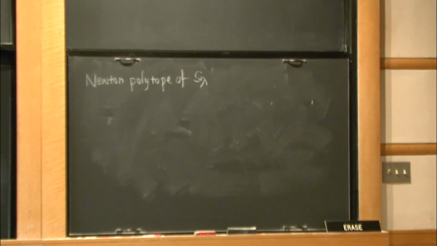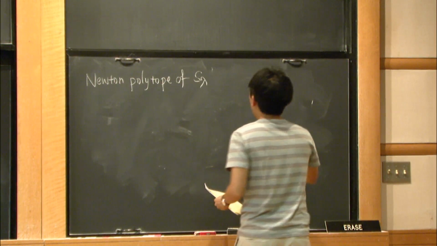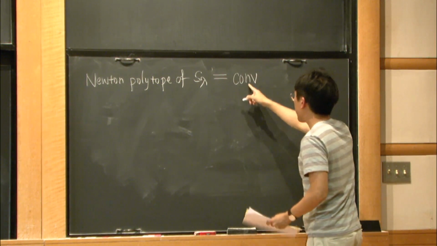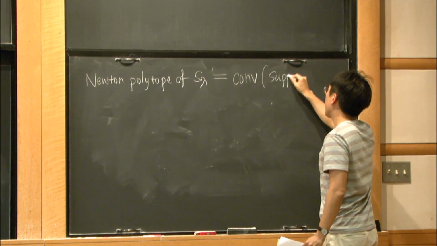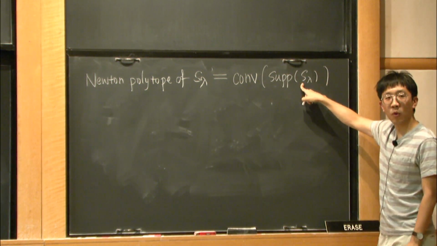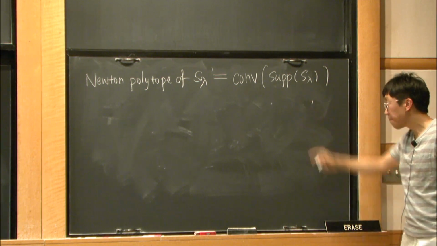And people knew that this is a very special type of polytope. So what I do is I take the convex hull of the support of S lambda, by which I mean simply the set of all monomials that appear with non-zero coefficient in S lambda.